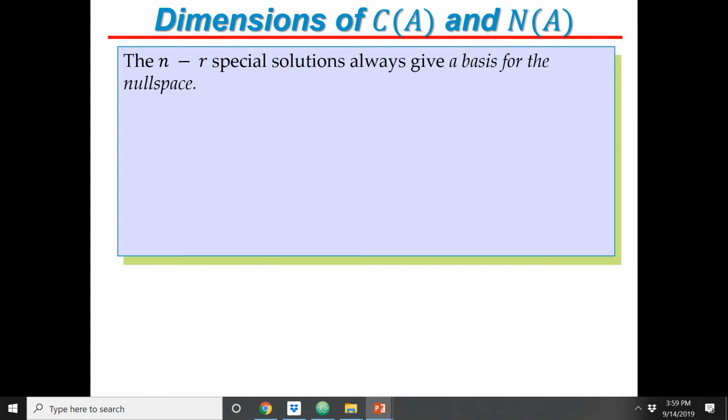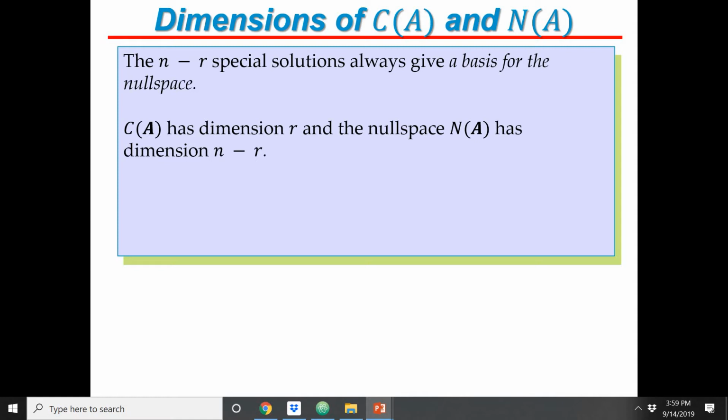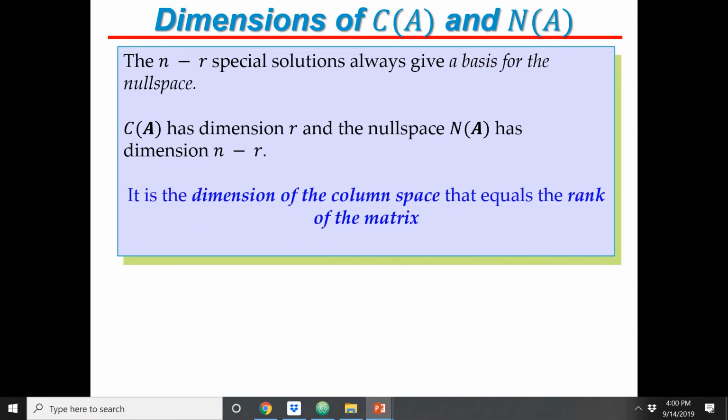So for the m by n matrix of rank r, we have n minus r special solutions that form a basis for the null space. The column space has dimensionality r, so there are r basis vectors. And the dimensionality of the null space, again, is n minus r.